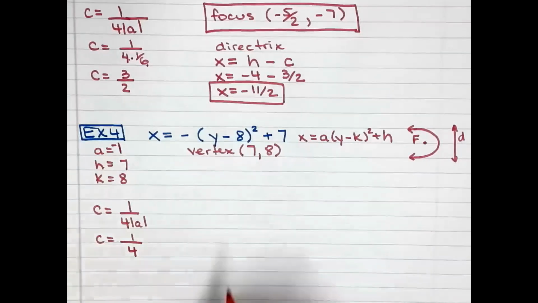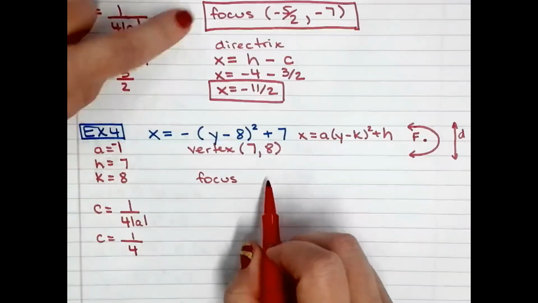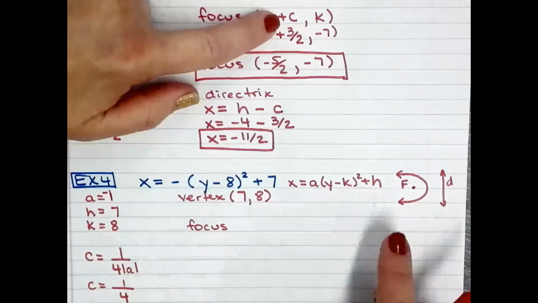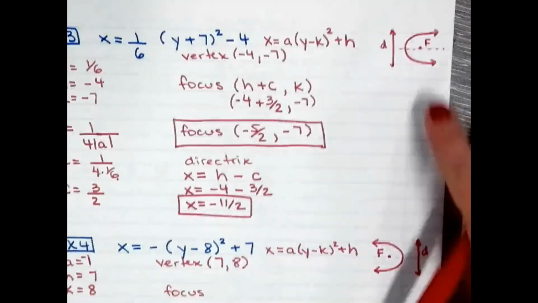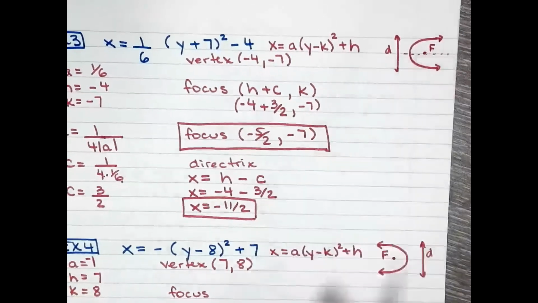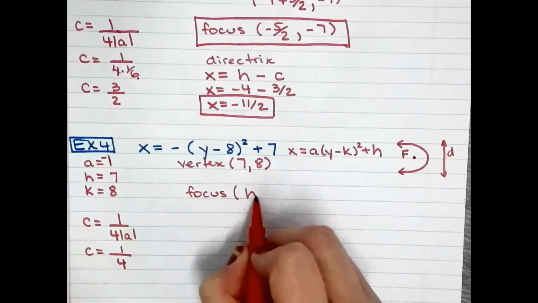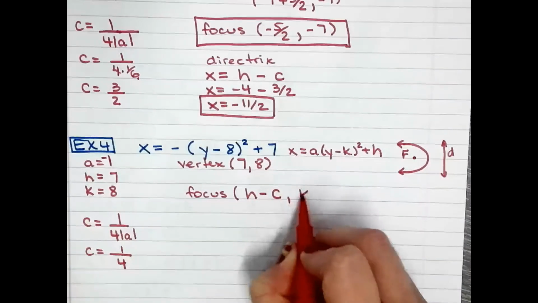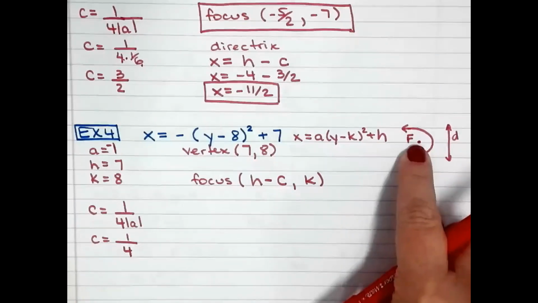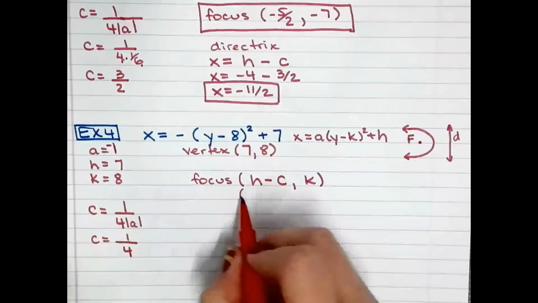Okay, so the focus would be from over here. You can see H plus C, because the focus in number 3 was going to the right. On number 4 it's going to the left. So it's H minus C when it goes to the left in comparison to the vertex.